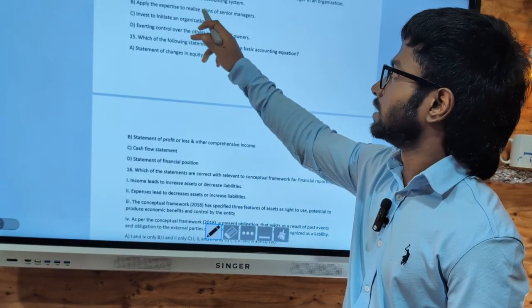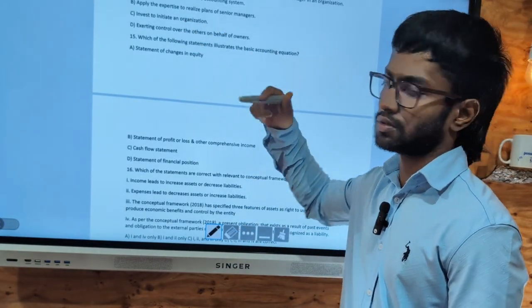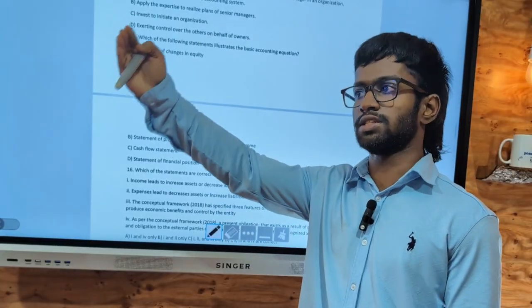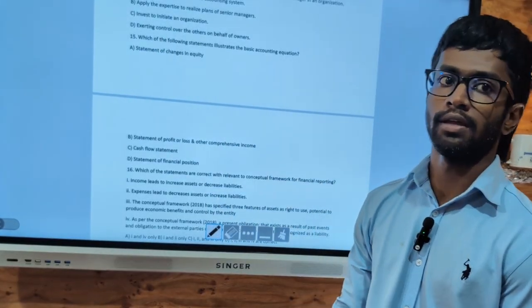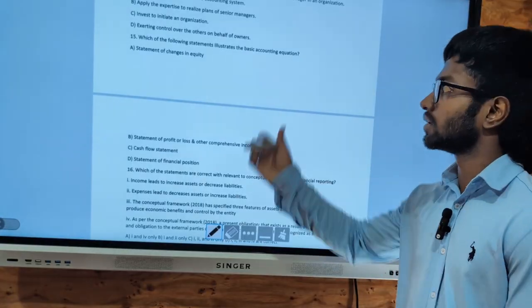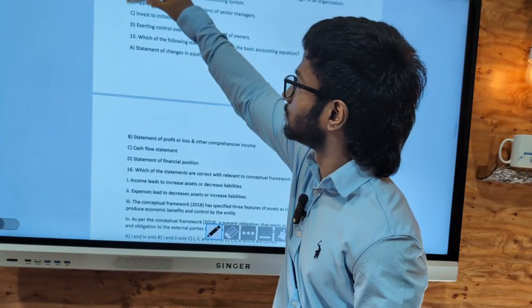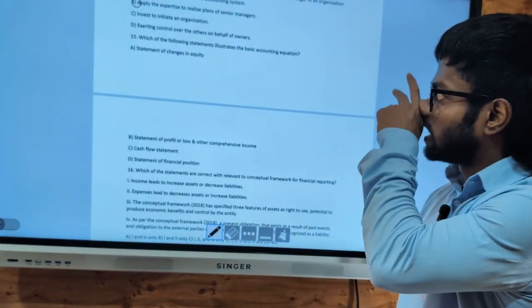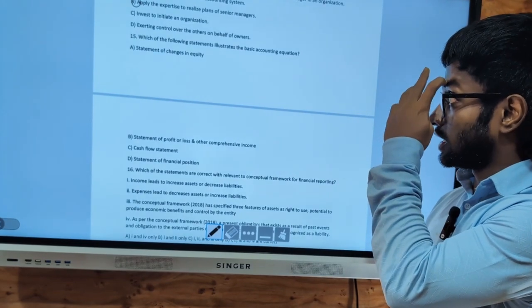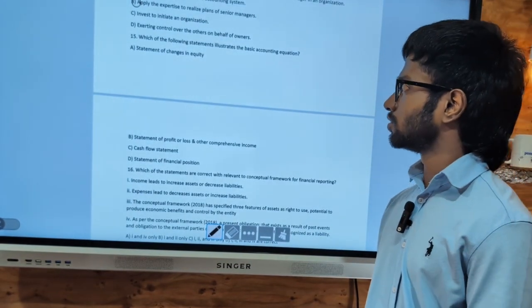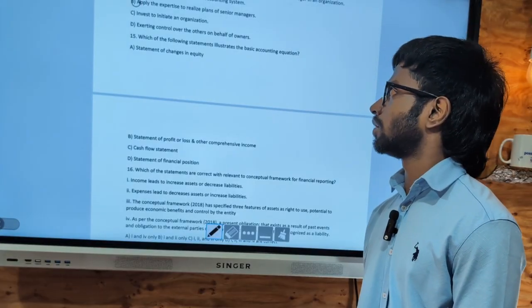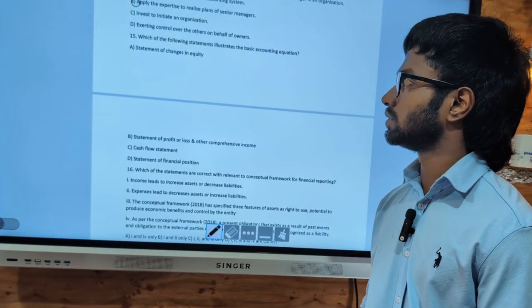Apply expertise to realize plans of senior managers. So that's true, right? Senior managers give the functional managers what to do. Those plans will be implemented by your functional manager. Invest to initiate an organization, that is false. External control over the others on behalf of owners, that is also false.